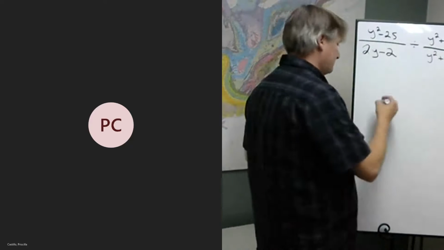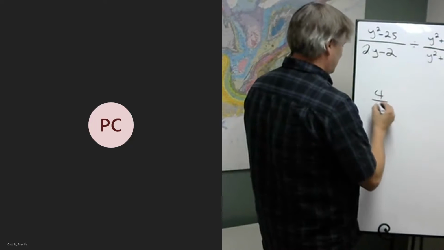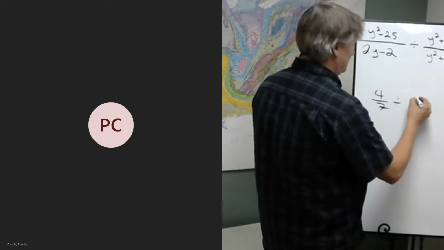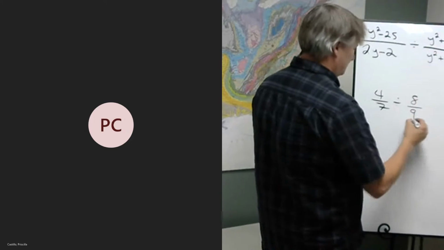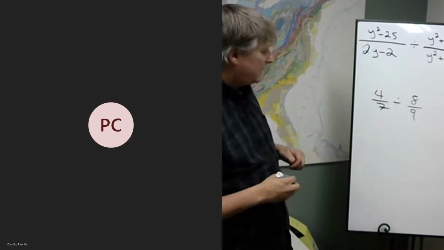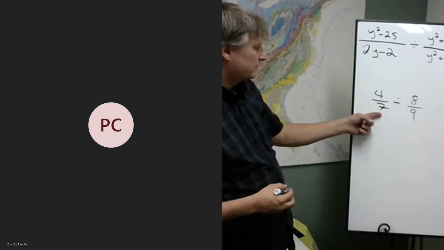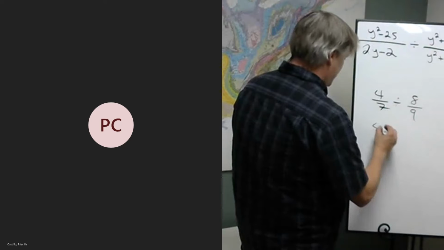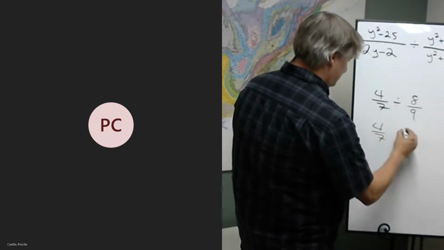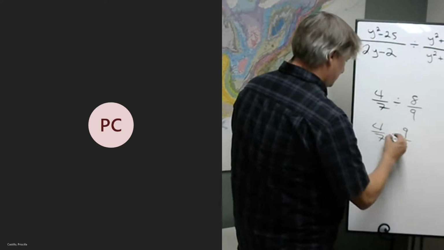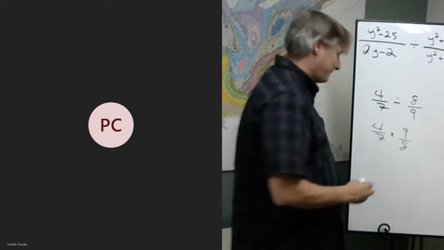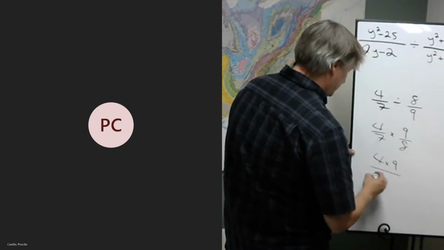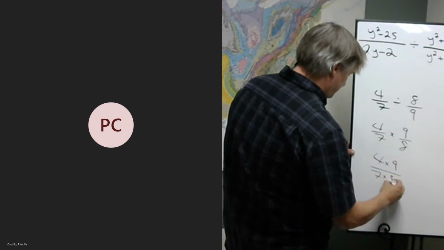So for example, let's say we have 4/7 divided by, let's see, 8/9, something like this. And what we do is we keep the first one, flip the second one, and then we multiply. So keep this one, flip this one, and then we multiply. So we'll get 4 times 9 over 7 times 8.